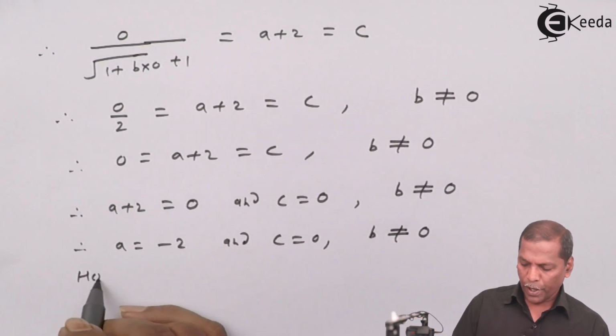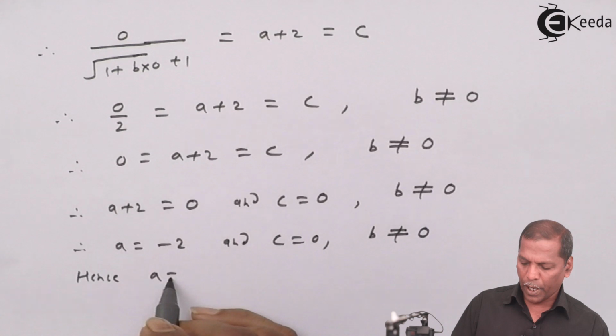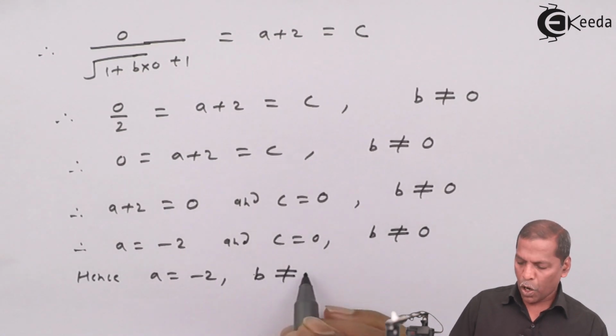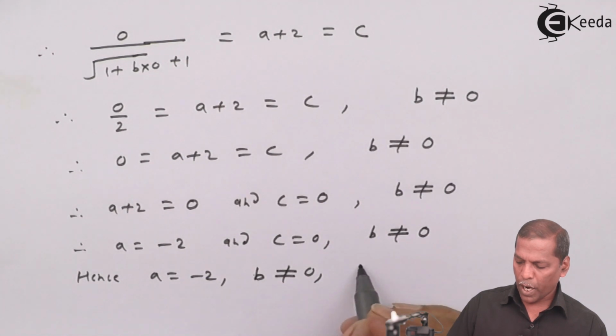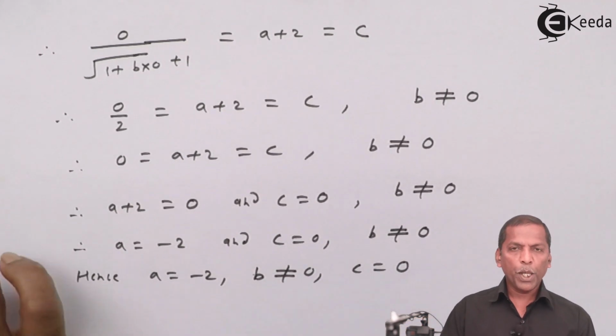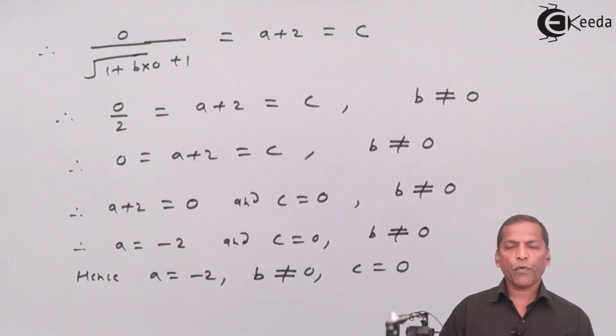And finally, hence we get a equal to minus 2, b not equal to 0 and c equal to 0. So in this way we get the values of a, b and c. So this is the required solution for the given problem. Thank you.